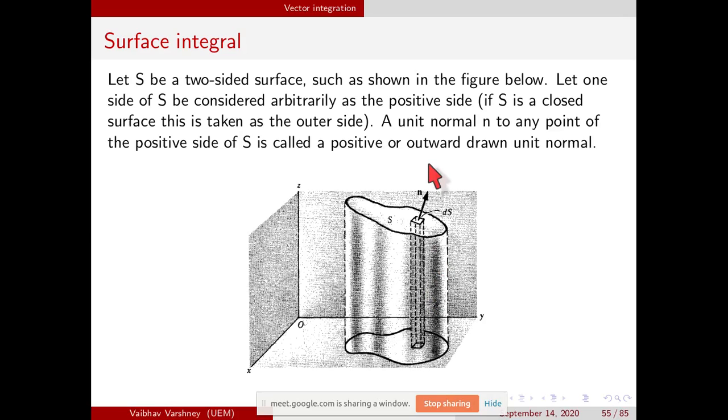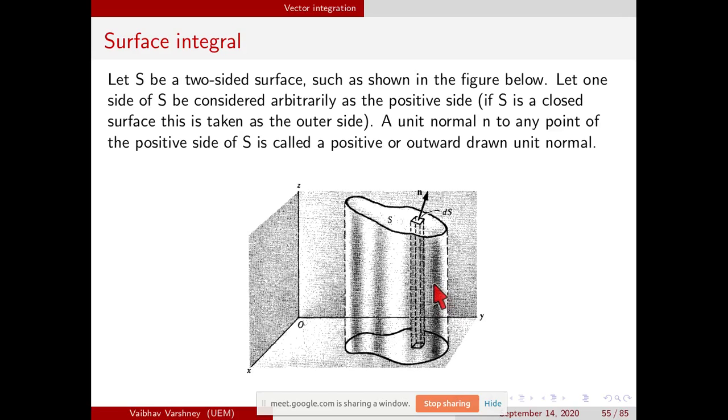Sir, can we do that by taking the unit vector? Yes, exactly what we will do. So we need to take the projection of this on the xy plane. Can anyone tell me with which unit vector we need to do the dot product?